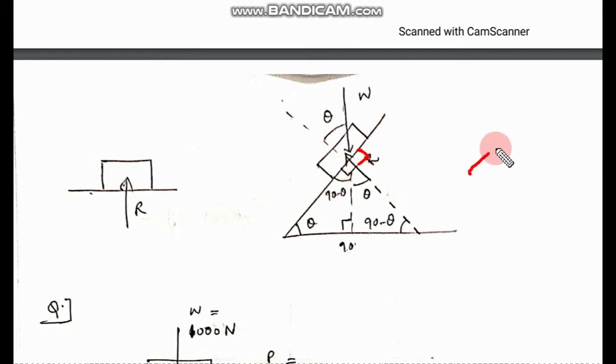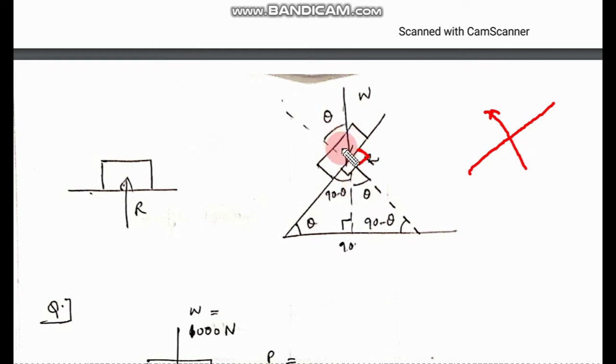Here the surface is like this and the reaction is perpendicular to this line, so we know this total is 90. If this particular small angle is 90 minus theta, then this is going to be theta. If this is theta, then the angle between W and this direction of the reaction line is also theta, because these are vertically opposite angles. So make sure you understand this and you go to the next part.